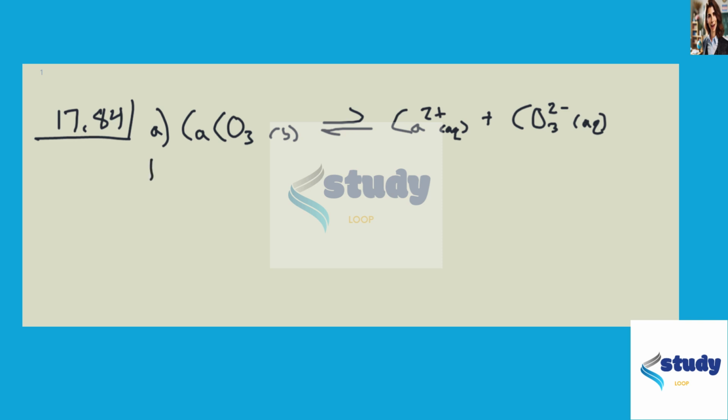So if we're going to write a term for KSP, we can write the ice table, not taking into account the solid, no initial concentration of the ions, plus S for the change, and then S for each equilibrium. So this is a 1-to-1 ratio, so there's no stoichiometric coefficients. So KSP is simply equal to S squared.